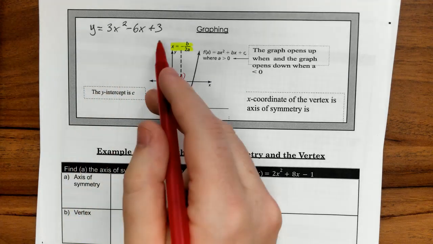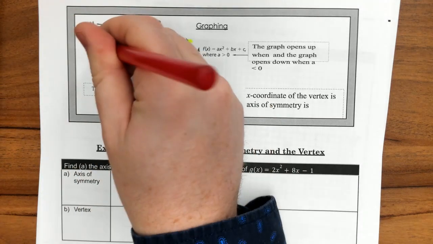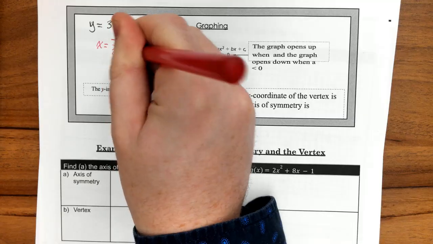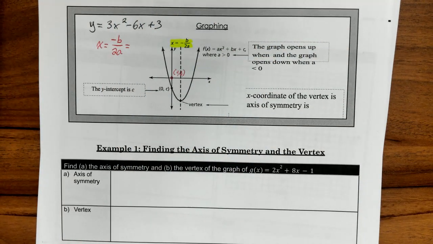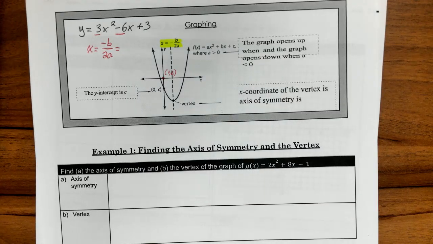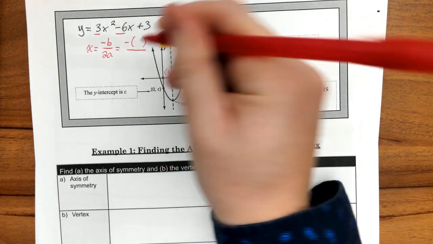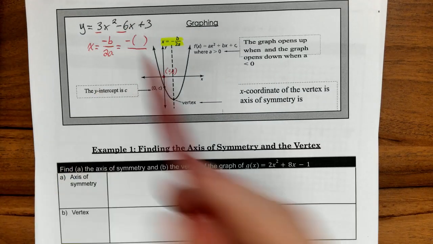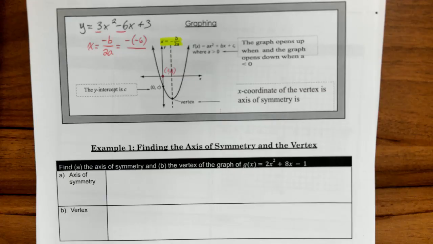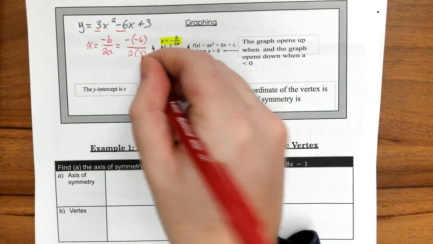We have this equation in standard form, but we know that the x value of our vertex is equal to negative b over 2a. So we just need to plug in our b value of negative 6 and our a value of 3. It's originally supposed to be negative b, but if our b value is negative 6, it's negative negative 6. And if our a value is 3, well, it's 2 times a.